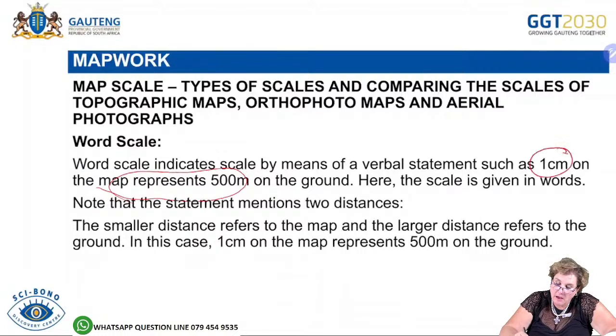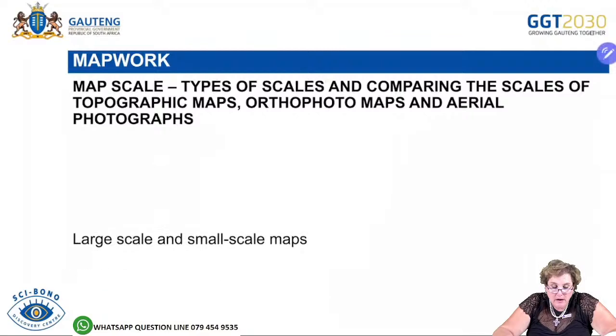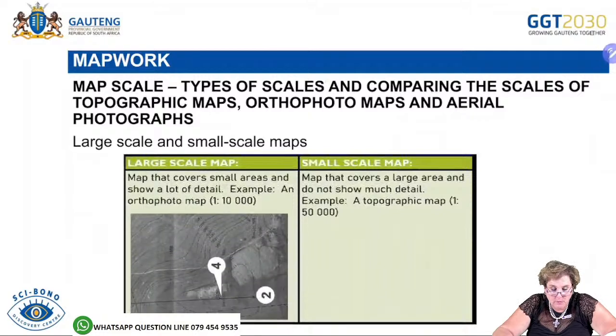That centimeter, I'm working on a map in centimeters, and in reality I'm working with meters. Now if I look at this, I will have a large scale and a small scale. A large scale map covers a small area and shows a lot of detail. For example, your orthophoto map.